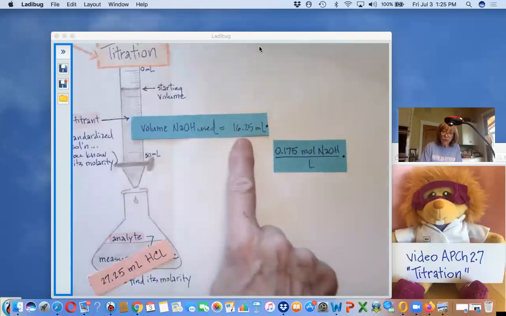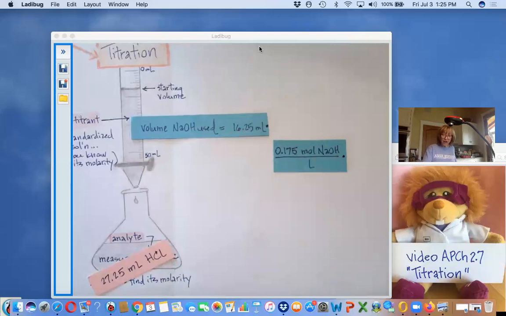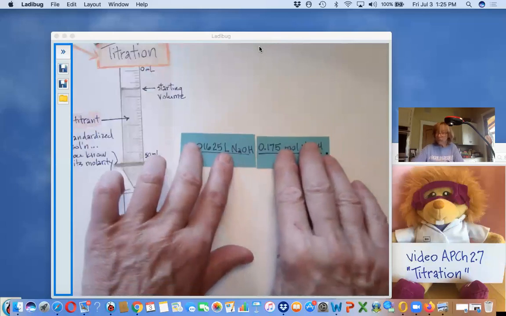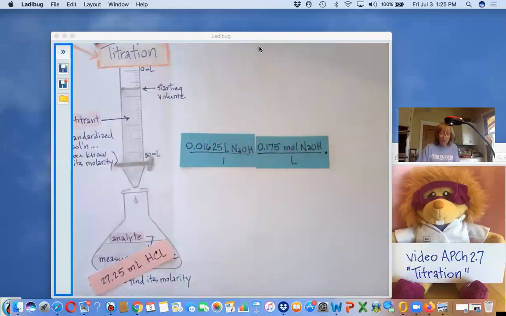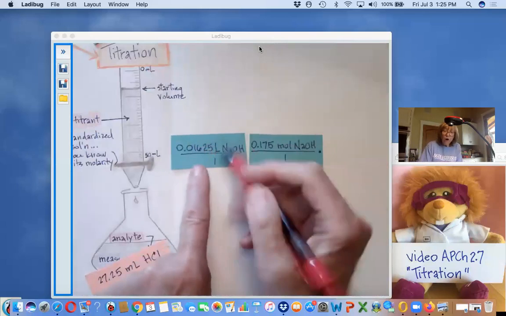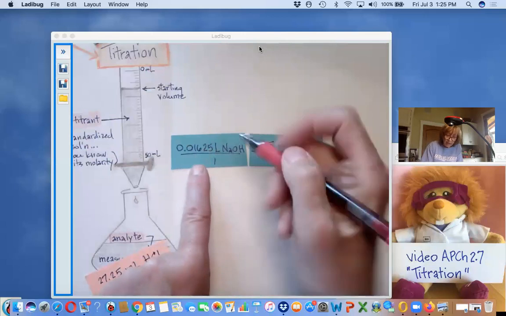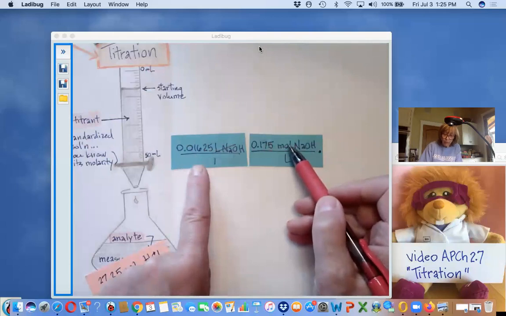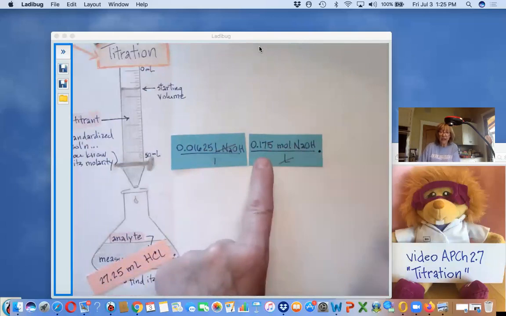And instead of using our volume of sodium hydroxide in milliliters, let's divide by 1,000 to change that into liters. Okay, so now I've got volume of my sodium hydroxide multiplied by the concentration in moles per liter. You see how liters divide out.